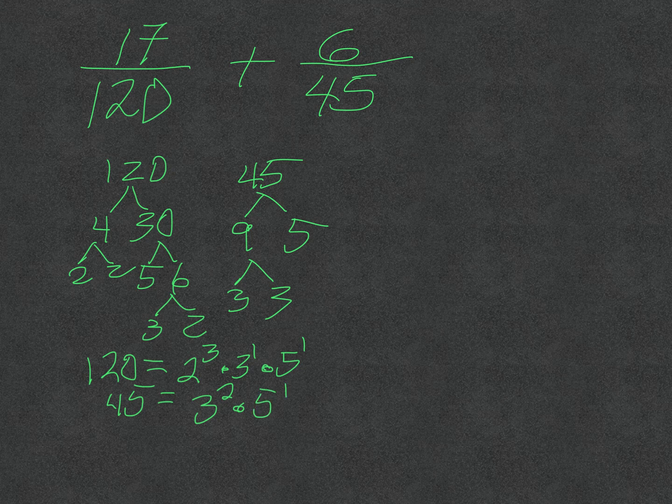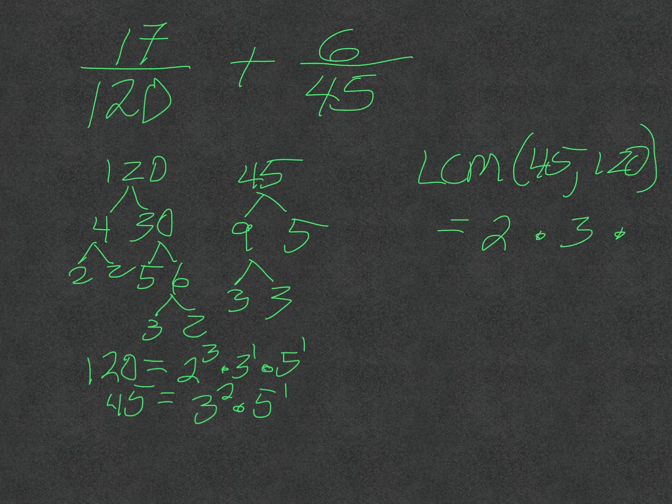To find the least common multiple of 45 and 120, all you have to do is write down each prime factor that you see in both numbers. I see a 2, a 3, and a 5. Those are the prime factors.